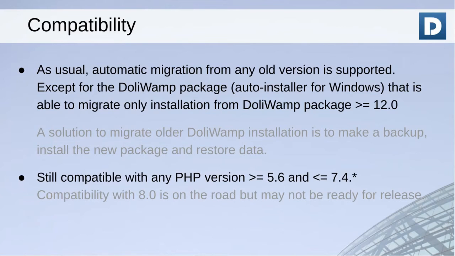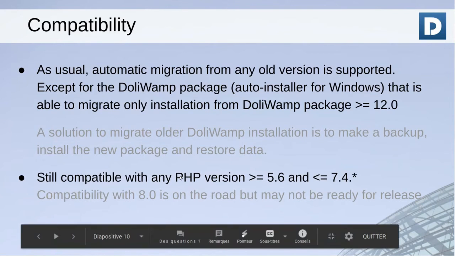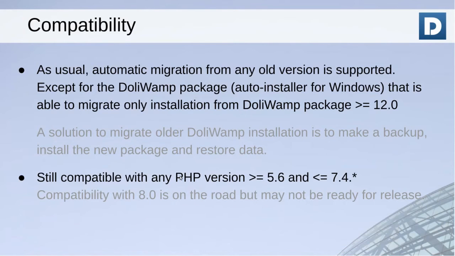Version 13 of Dolibarr is still compatible with any PHP version 5.6 and higher. Recently, PHP 8 has been released. We have started to make Dolibarr compatible. It's on the road, but it's not finished. I don't know if it will be finished for the release.